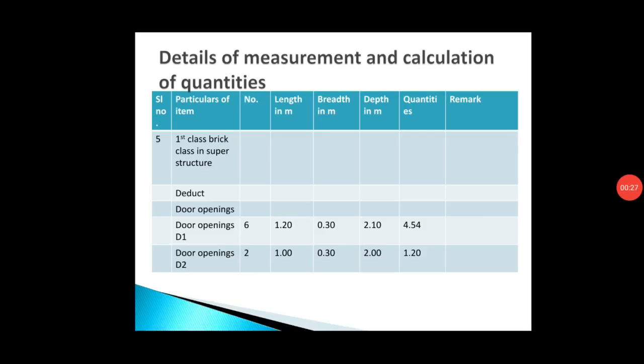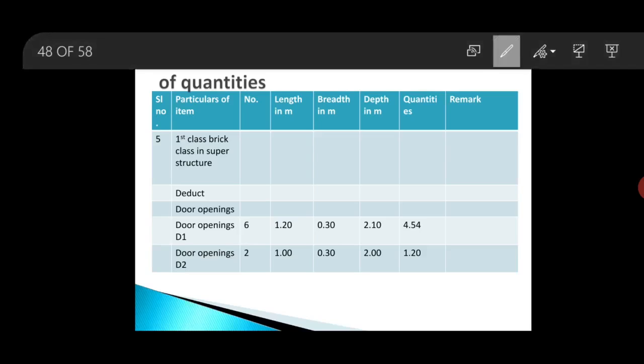In the last class we covered the quantity calculation of all the parts, that is the drawing room and left side bedroom, then both bedrooms combined, then front veranda as well as back veranda, and now we will go for the deduction part.